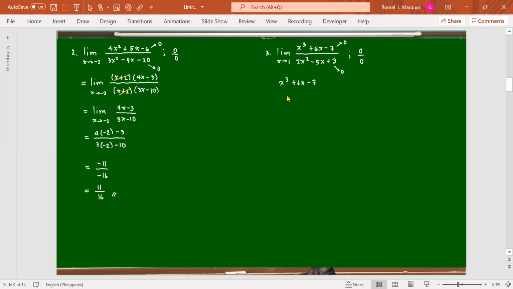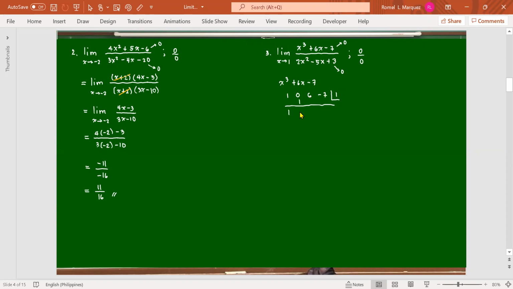So let's see. What's the factored form? By synthetic division, we have 1, 0 for the coefficient of x squared, 6 for the coefficient of x, then -7. The number that we are going to try here is 1, because we know that x minus 1 is a factor, no? Bring down 1, multiply by 1, 1 times 1.